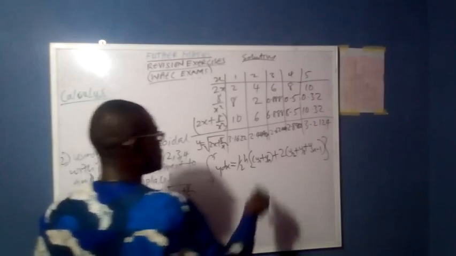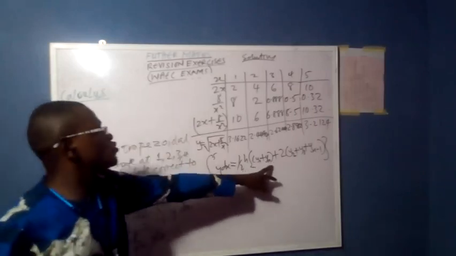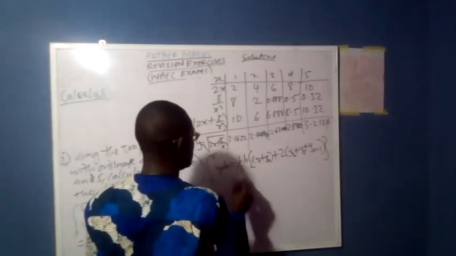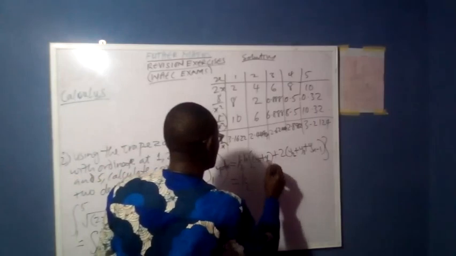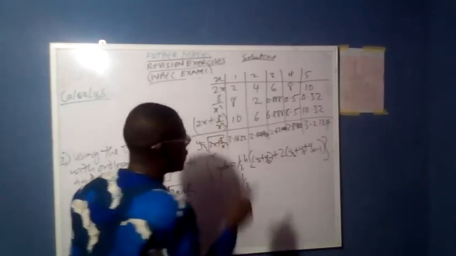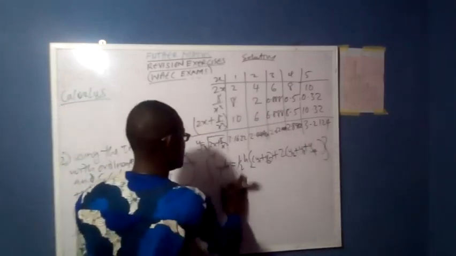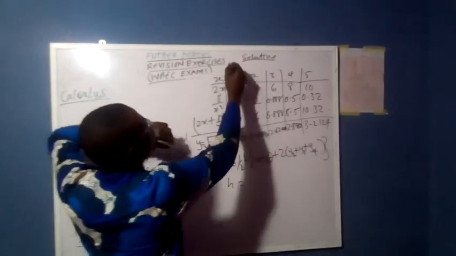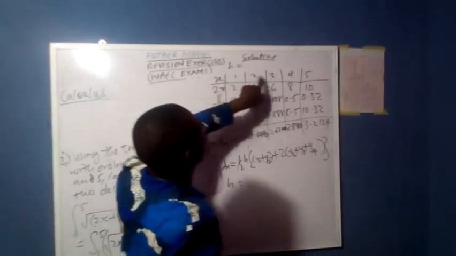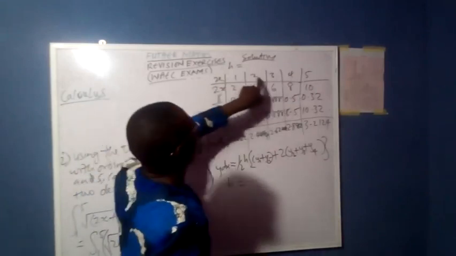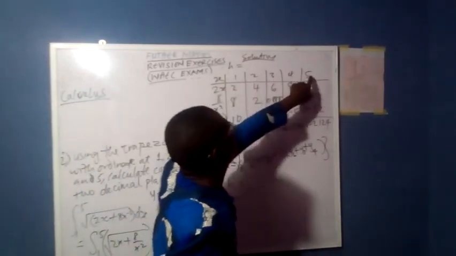In our case here, we have 1 to 5, so this becomes one over 2 times y1 plus y5, plus 2 times the sum of y2 to y4. Our h is the common difference between the intervals of x. 2 minus 1 is 1, 3 minus 2 is 1, 4 minus 3 is 1, 5 minus 4 is 1.